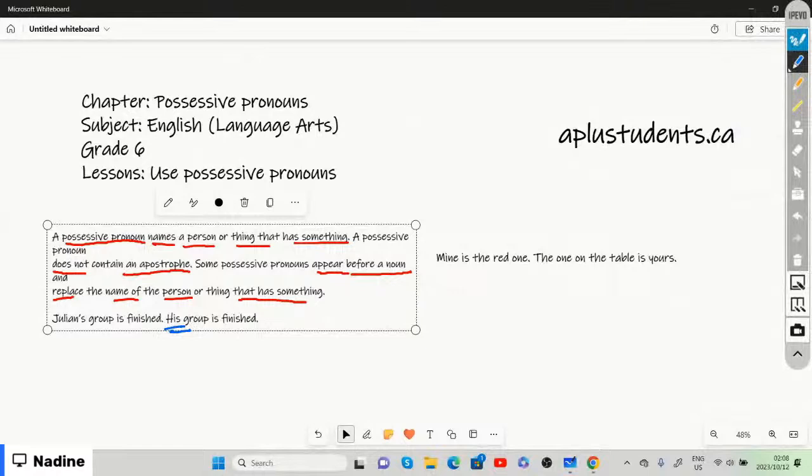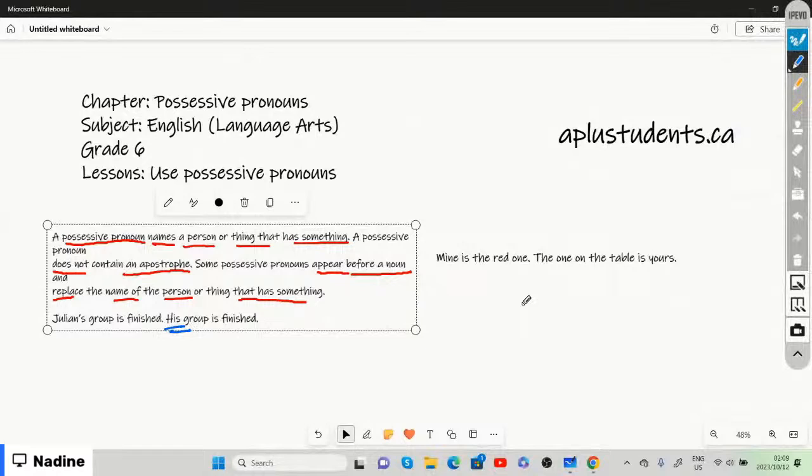Also, when it comes to identifying possessive pronouns, the example doesn't necessarily have to be written like Julian's group is finished. Sometimes your possessive pronoun will be in a sentence on its own. An example of that is: mine is the red one.